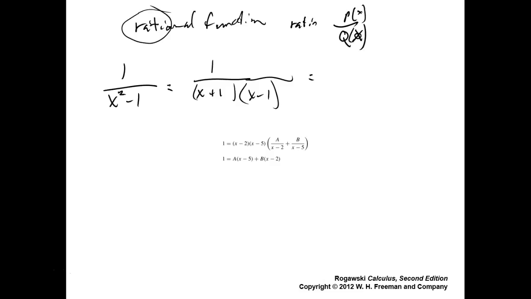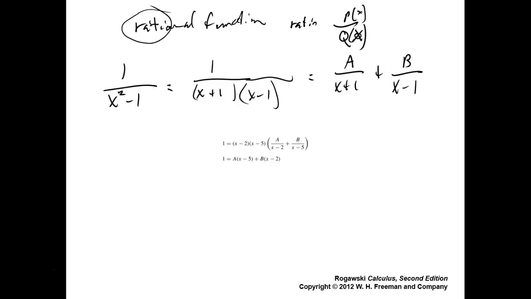You can't do any other kind of substitution, but this method will give you another tool. What we're hoping is there's some way you could split this compound fraction into two simpler fractions: A over x plus 1 plus B over x minus 1.